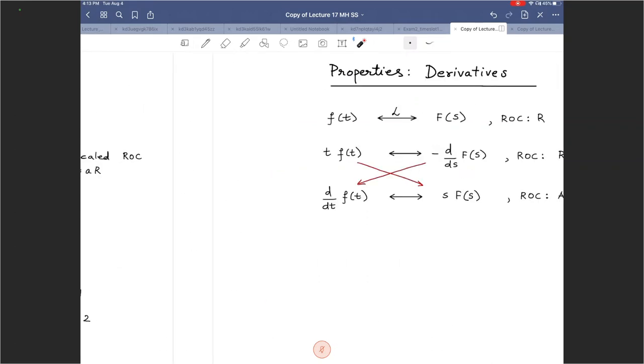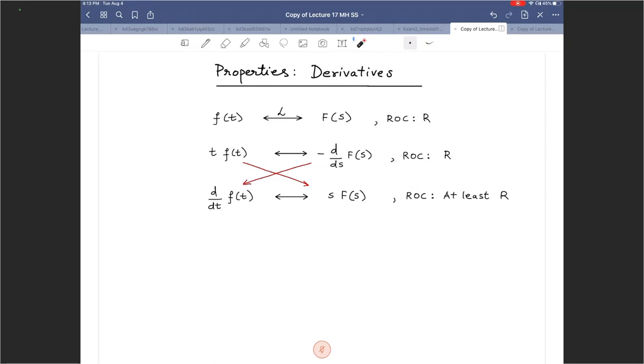Let's go on to the next set of properties here called derivatives. So they include both a derivative in the time domain or a derivative in the Laplace domain. We start off again with a given time domain signal f of t, whose Laplace transform is cap F of s, and a region of convergence cap R. If we differentiate the signal in the s domain and add an additional negative sign, that is equivalent to multiplying by a factor t in the time domain.